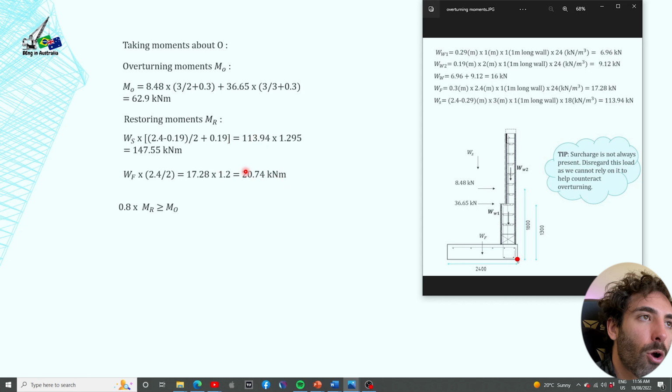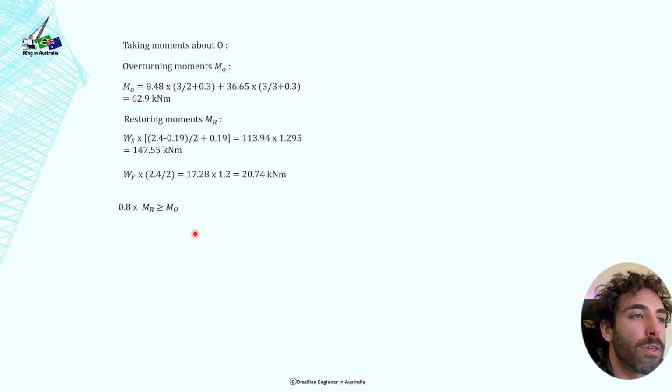Now we know the restoring moments, the resisting moments, and we know the moments that are trying to overturn this wall. So we're just going to compare them and see which one is larger. But before we do that, we want to factor our restoring moments by 80%. So we're going to multiply MR by 0.8.